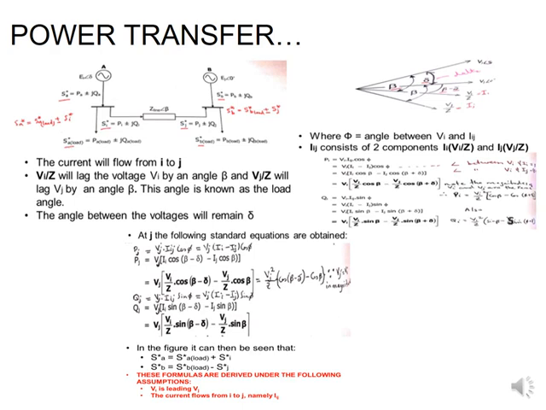I then look at my J point so that I can give you the formulas for PJ as well as QJ, which will be the ones at your B power stations. And you can see from the derivation that this will equal my VJ IIJ cos of that same angle, and therefore it can be seen as VJ squared over Z into cos beta minus my delta minus my cos beta.